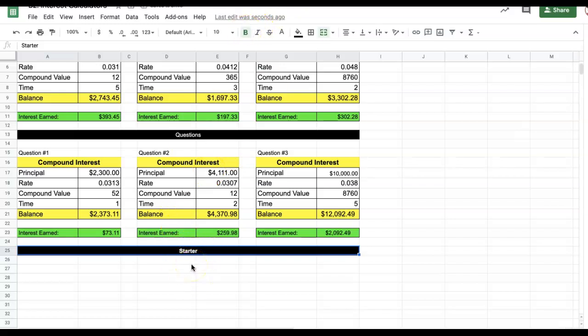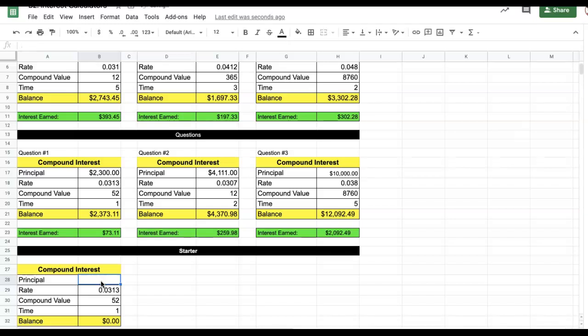Just to give us a little section to do this in, so go ahead and do that. Then, I'm going to borrow one of these compound interest calculators. I'm going to copy that whole chunk right there. I'm going to paste it right here.